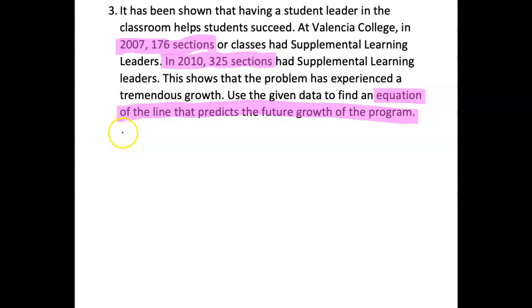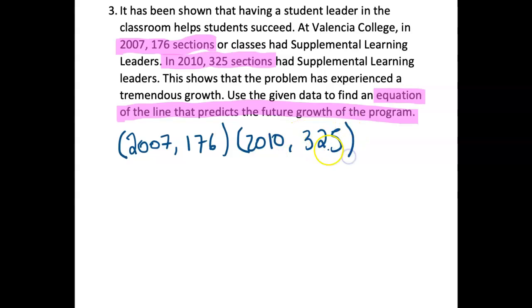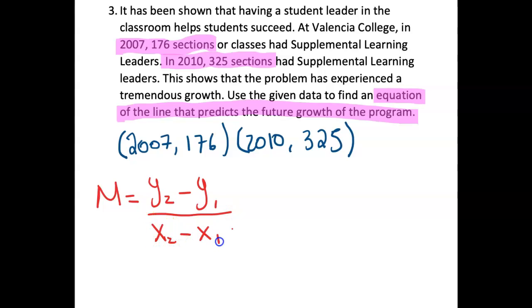Now, if you notice, we are given 2 points. Year equals the number of sections. We're going to use our slope formula to first find the slope, because if we're trying to write an equation of the line, we need to have the slope and a point. At this moment, we have 2 points, so we are missing our slope.